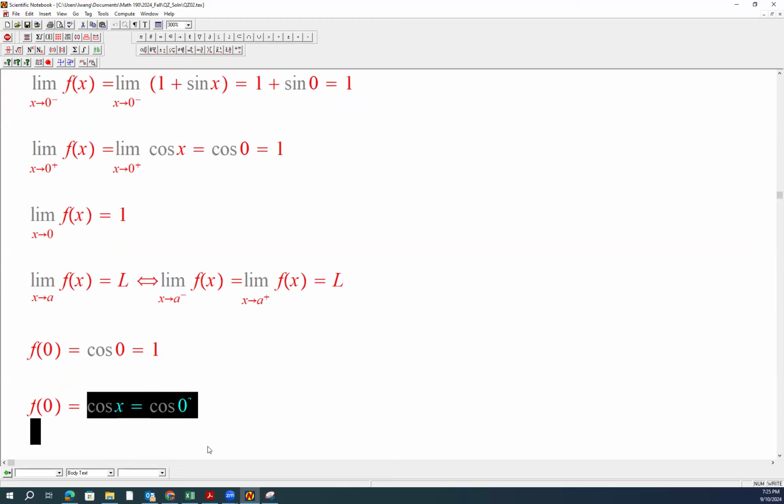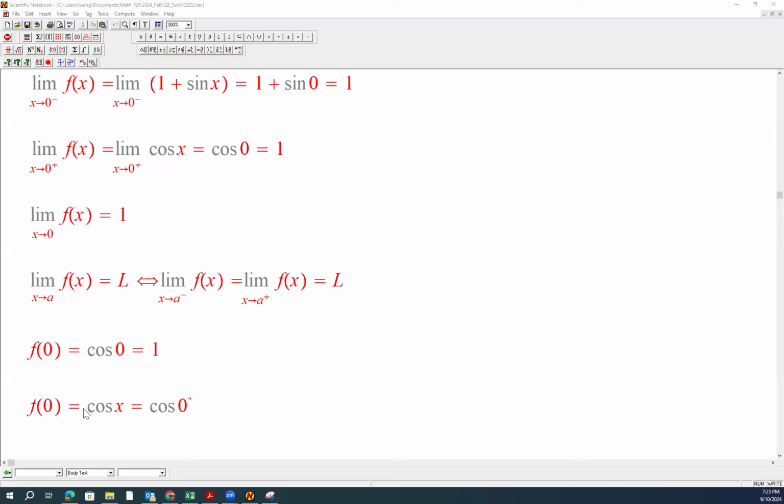But when you write something like this, your intention may be to substitute x by 0, but you should remove this piece. You should remove this piece. All right, so let me mark it. Right here, okay?